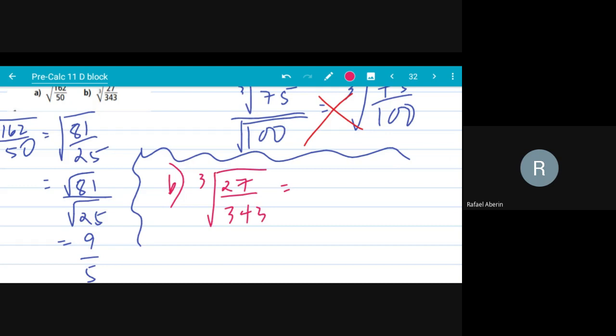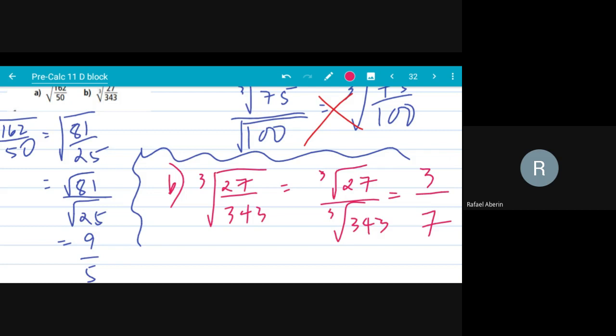That's true. But 343 cannot be divided by 3 just because it ends with a 3. So maybe if we split it up right away, we can get something. What is the cube root of 27? 3. What is the cube root of 343? 7. And there's your answer.